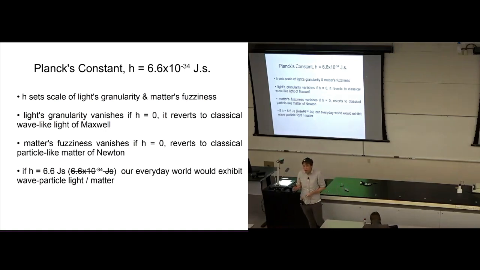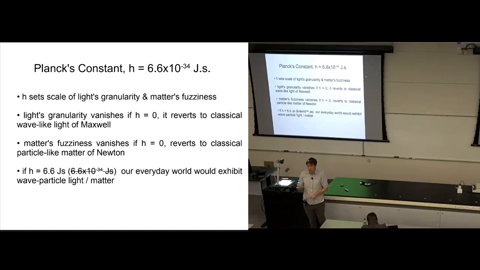Planck's constant, we introduced Planck's constant a class or two ago. Planck's constant sets the scale of the transition from our everyday world where something is a wave or something is a particle, to this strange quantum world where things have both wave and particle-like characteristics.